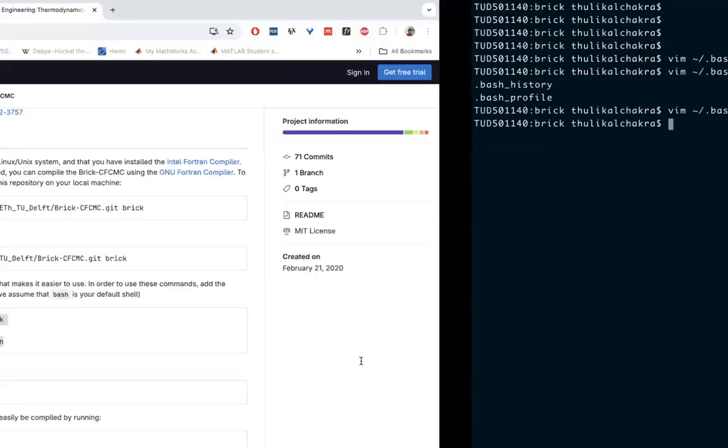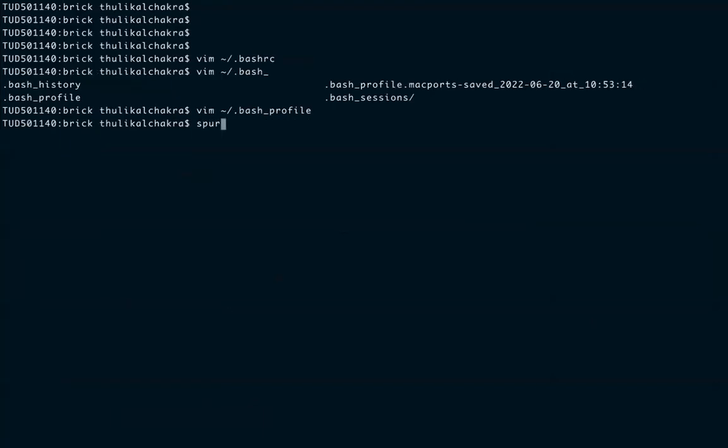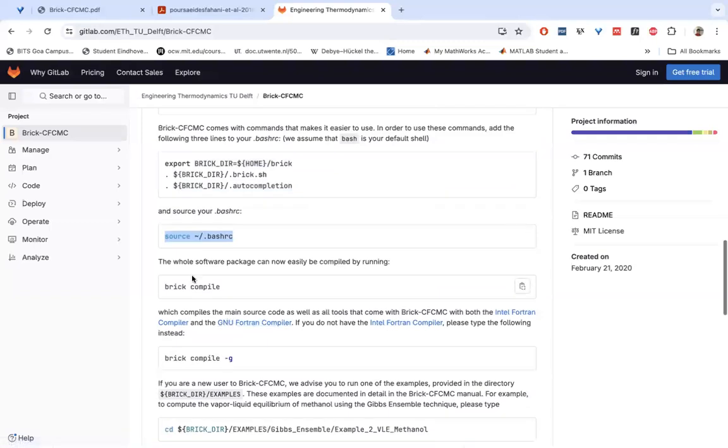Once you have it in your bash profile, you can then do source bashrc. And if you're using an Apple, then perhaps the right command for you would be source bash profile. Sorry for this, because I have Conda activated, so I have to deactivate that.